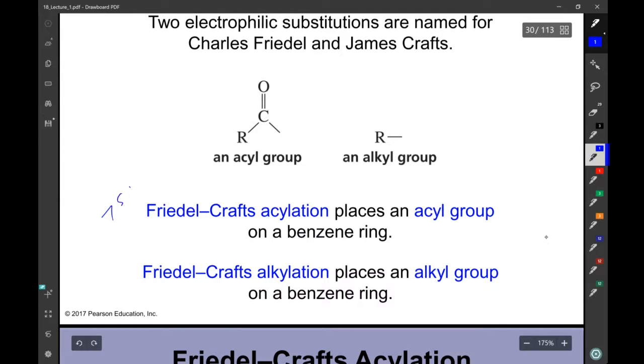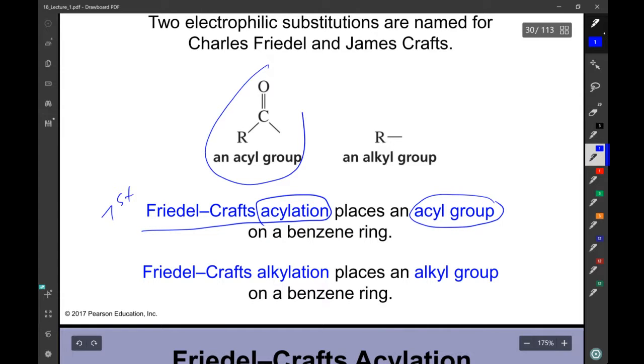The first type is referred to as a Friedel-Crafts acylation. In the Friedel-Crafts acylation, we simply add an acyl group to the benzene ring, and this is our acyl group. If you put your benzene ring over here, that will be the product of our Friedel-Crafts acylation.